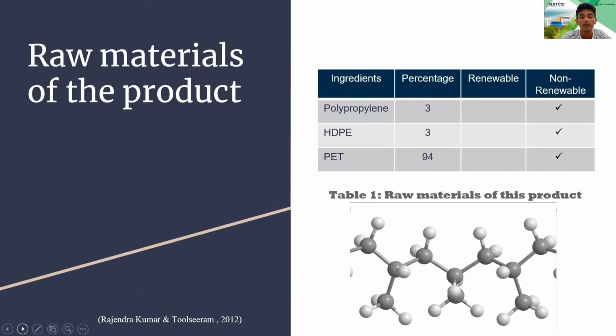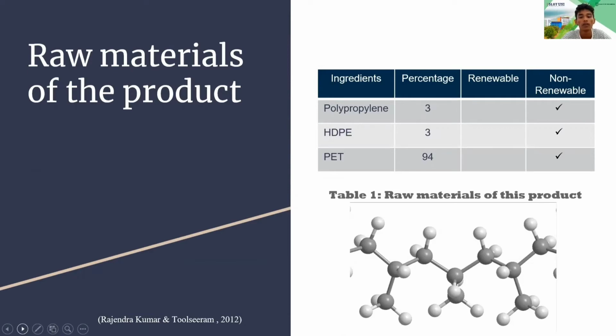In this slide, we will cover the raw material of the product. The most common plastic used for disposal bottles is PET plastic. The cap of the bottle contains 2.5% of polypropylene and 2.5% of high-density polyethylene.